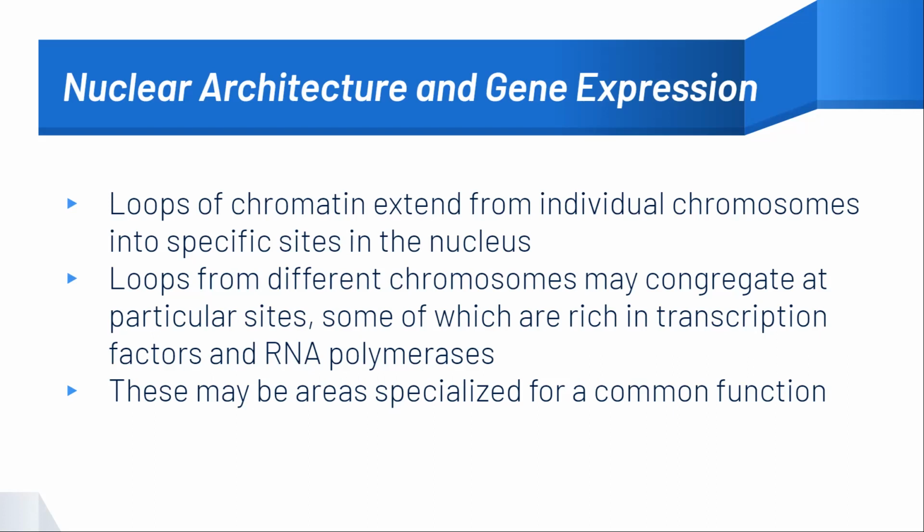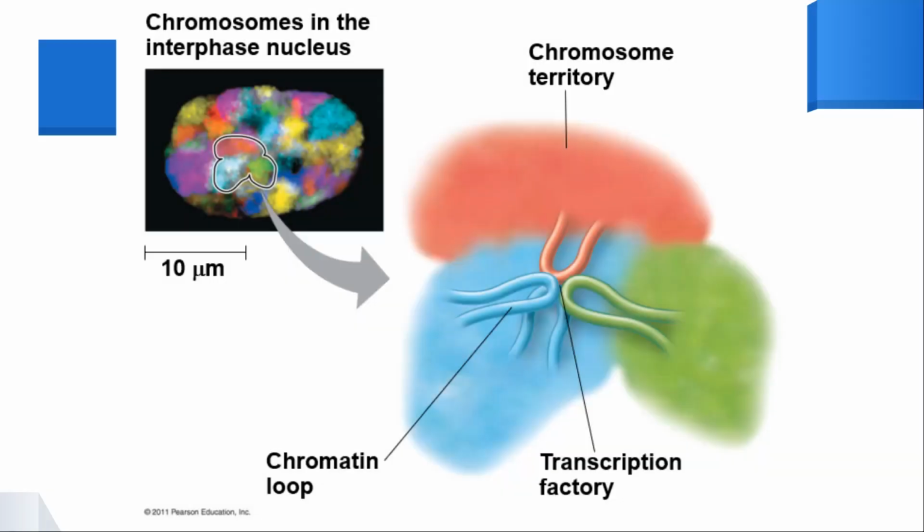So RNA is going to be produced in certain areas, and so you're going to see loops of chromatin in certain sites within the nucleus, and those are going to have specialized functions. If you look at this picture, you have these different color-coded regions, and they're all functioning together. So that's another step of how we can control and regulate gene expression.